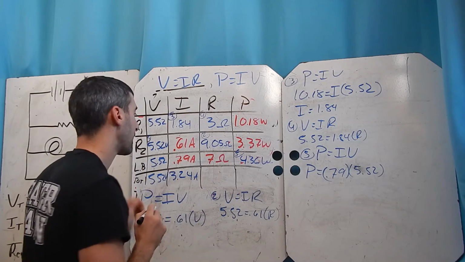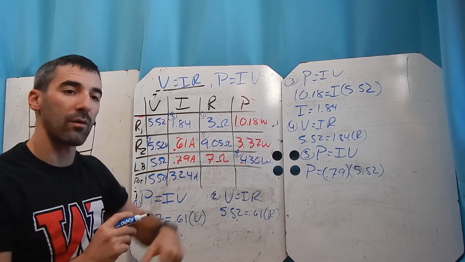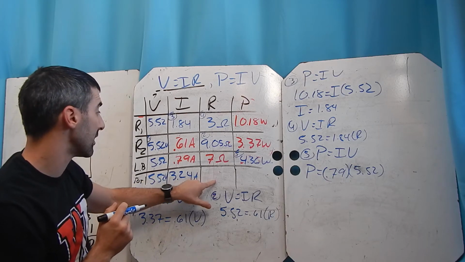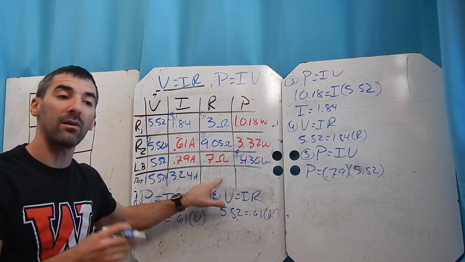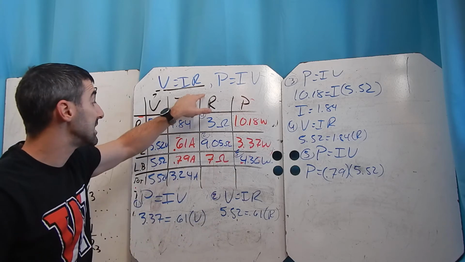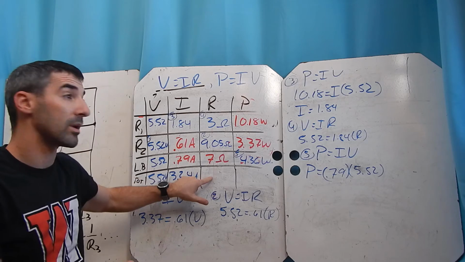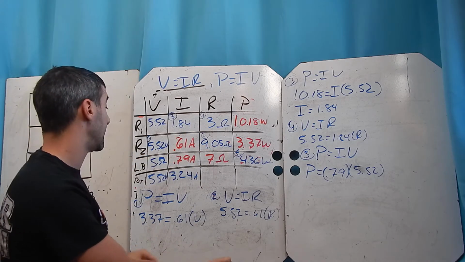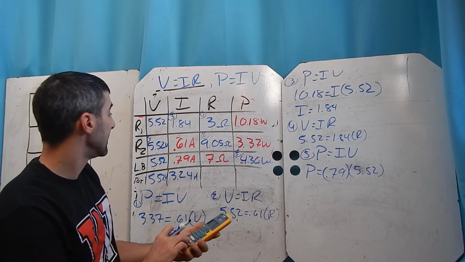I should put a V there. Now, instead of doing that 1 over R1 plus 1 over R2, now I can do V equals I times R. What we should know in a parallel circuit is the total or equivalent resistance is always smaller than the smallest resistance on the board. So if I did it right, my resistance is going to be less than 3 ohms for an equivalent.